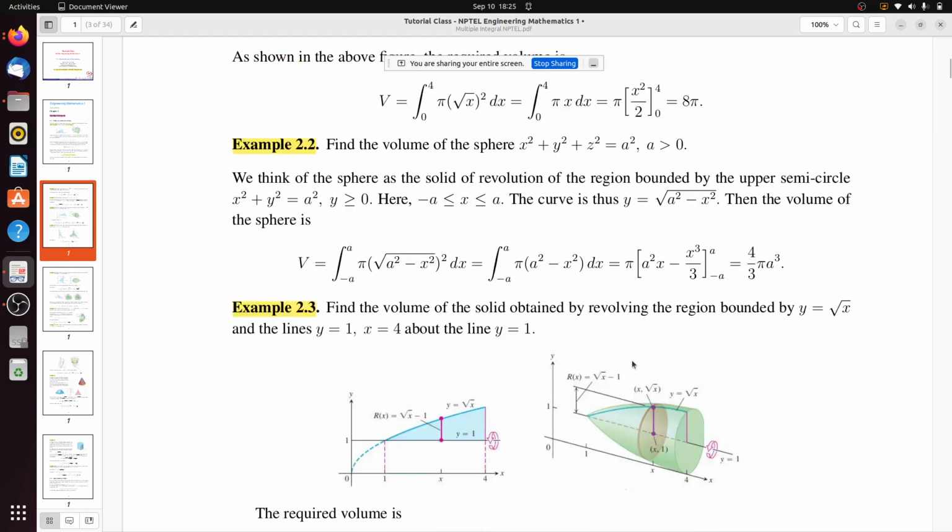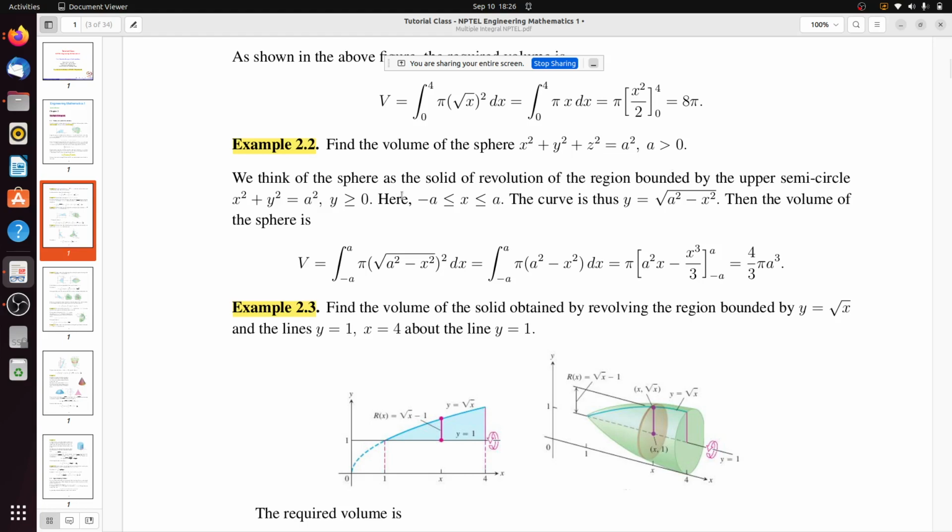Now similarly, if you want to determine the volume of the sphere x square plus y square plus z square equal to a square, this is with a equal to 1.